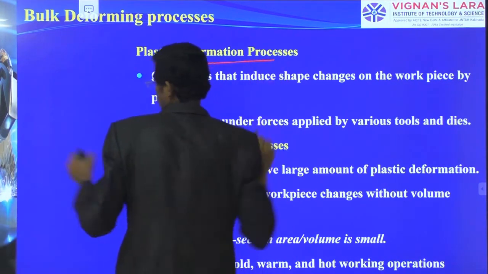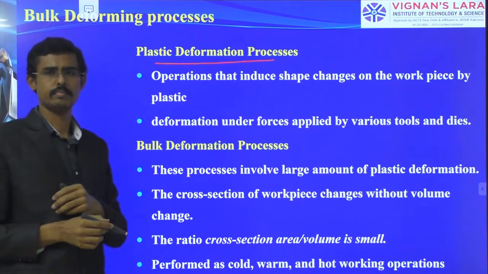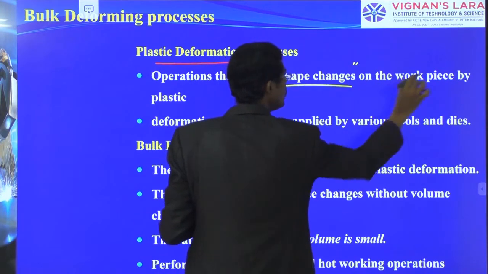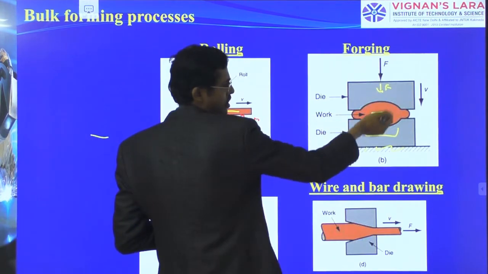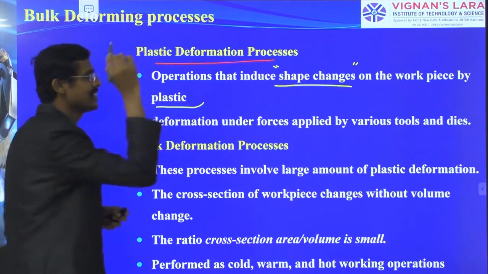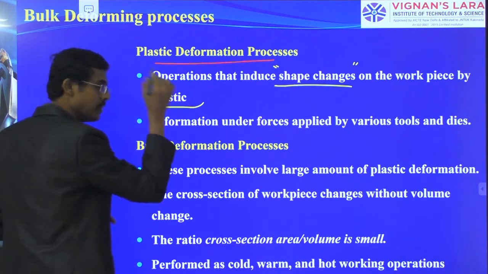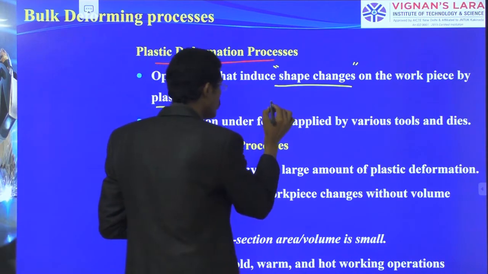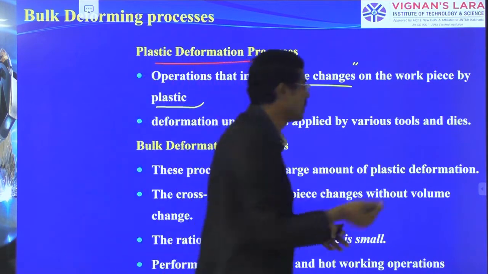Plastic deformation processes: the operation that includes shape changes on the workpiece. We have taken one workpiece, and we are changing its shape by plasticizing the material and deforming it under the force applied by various tools and dies.